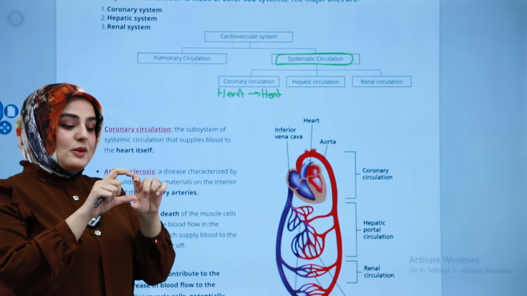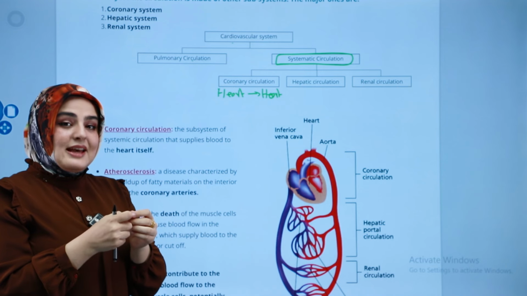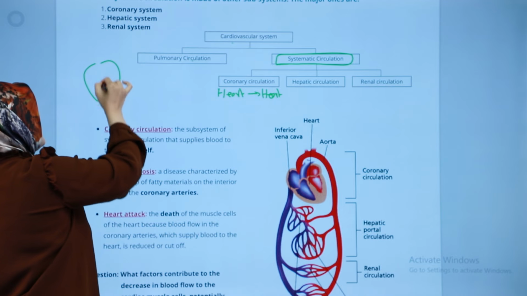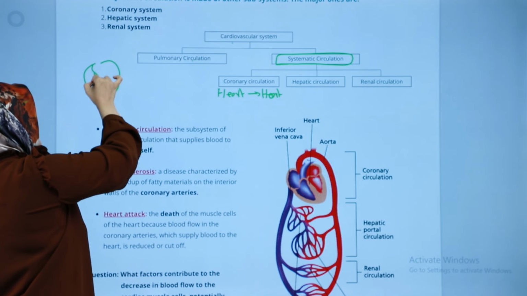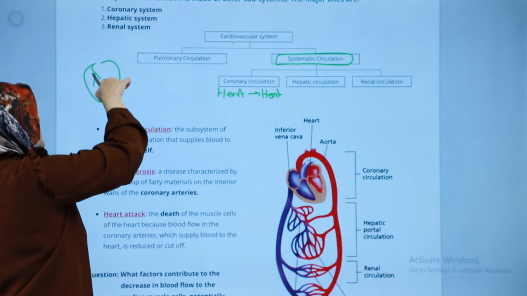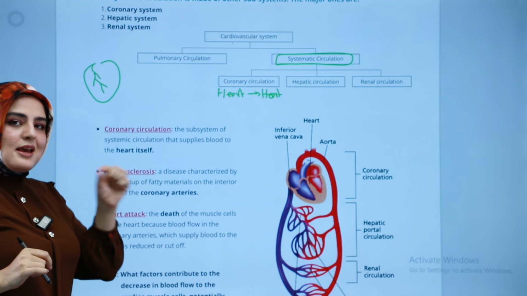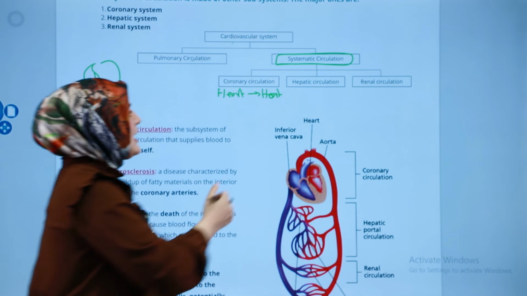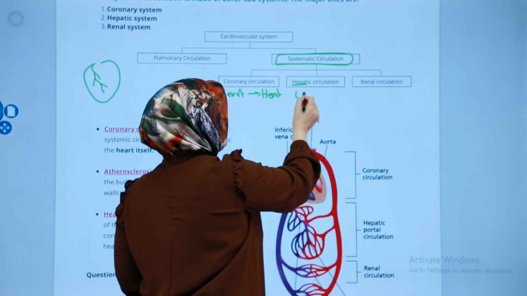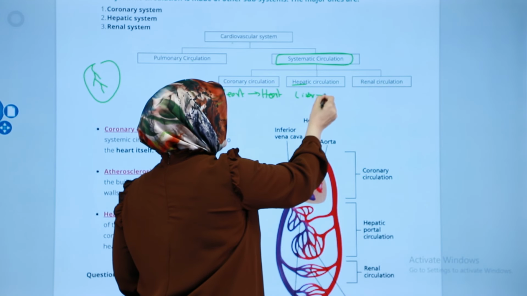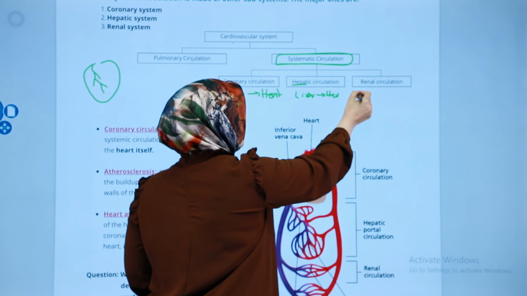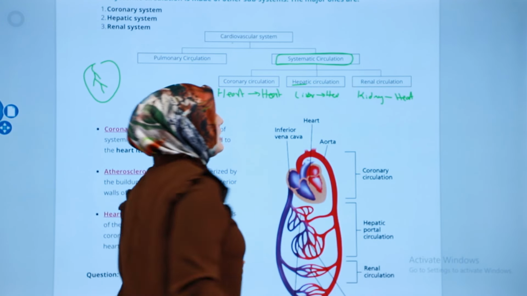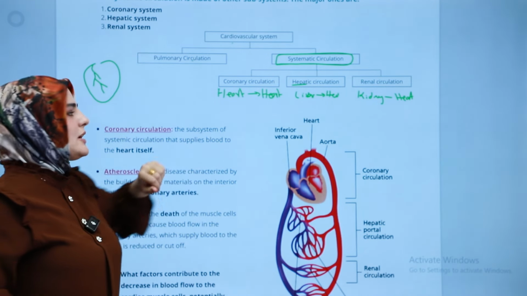That's because the wall of the chambers are so thick that the heart needs extra supply of blood from the outside. That's why you see like some veins and arteries running on the outside surface of the heart as well. Okay? And then hepatic, that's liver with heart. Renal, it's kidney with heart. There's so many of them, but these are the three main ones that the book mentioned.